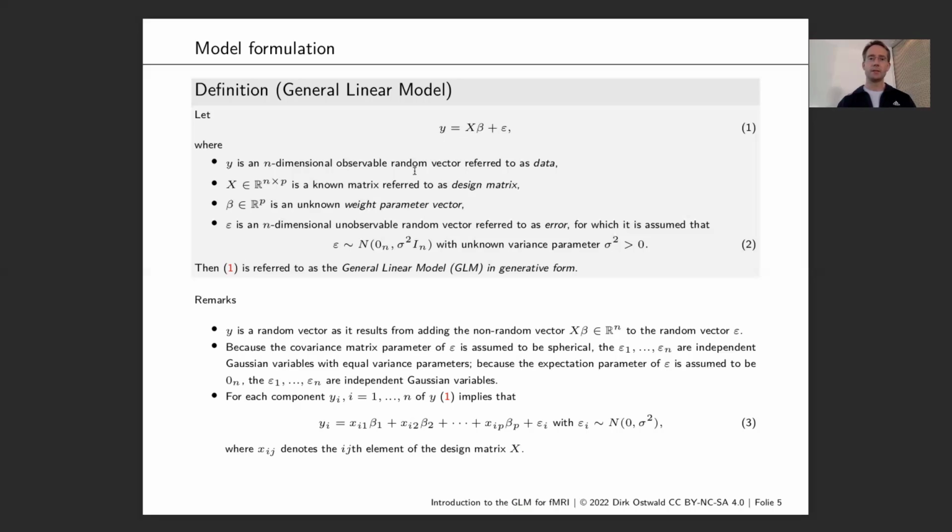And I'm saying here that it's random, although that's not quite clear from the definition. It's random because this epsilon here is random, and we add something deterministic to it. One can formally show that if you add something deterministic to a random vector, you get another random vector. We are not going that foundational. So if you formulate a GLM on your computer, you can sample that GLM as often as you like.